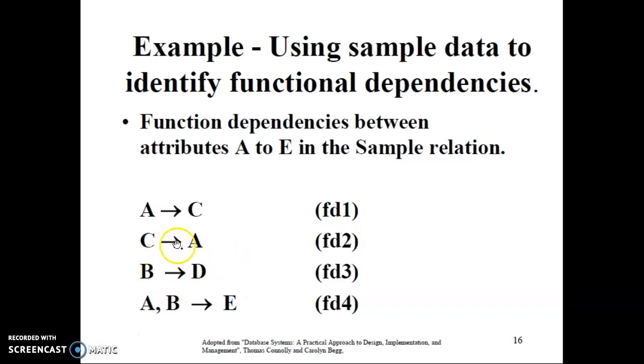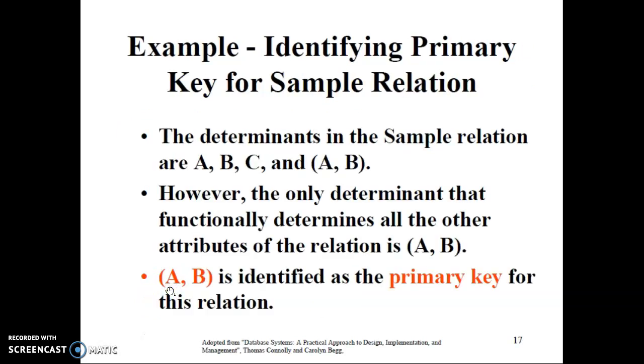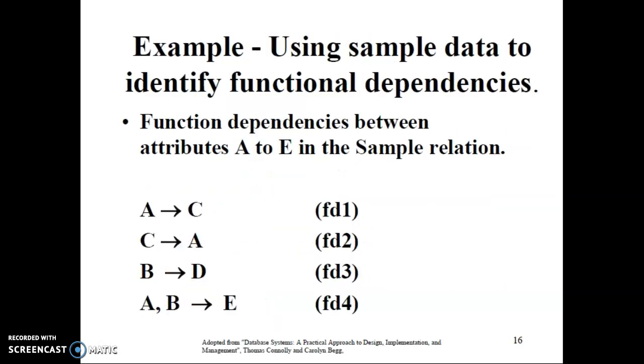The determinants in this table, the left hand side attributes, are A, B, C and A comma B. However, the only determinant that functionally determines all other attributes of the relation is A comma B.